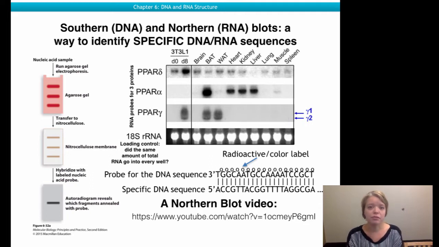We also covered, a few lectures ago when I was talking about RNA structure, that there are two very basic ways to detect specific DNA or RNA sequences, not using PCR or sequencing, but using DNA or RNA probes, which are fairly long stretches of DNA or RNA that have either a radioactive or a color label incorporated into them.